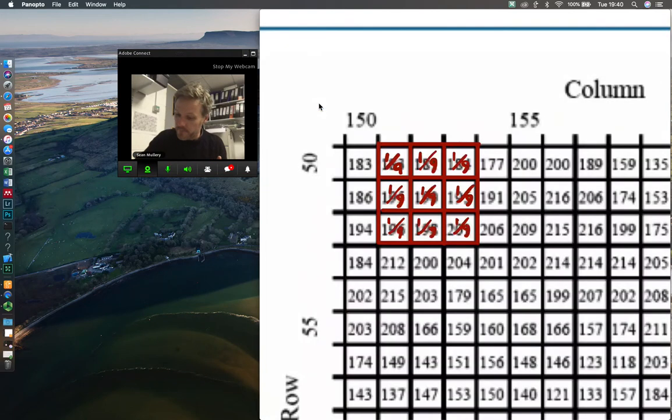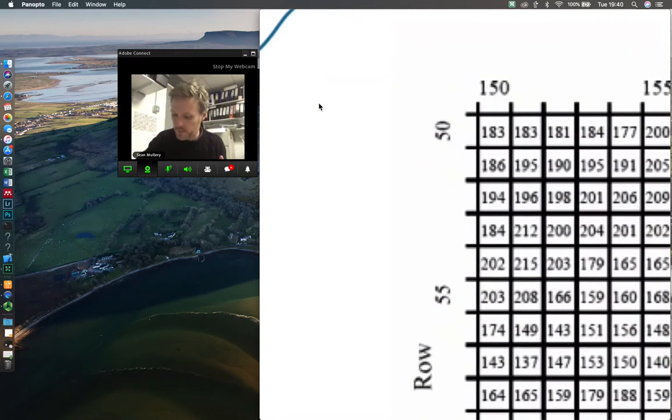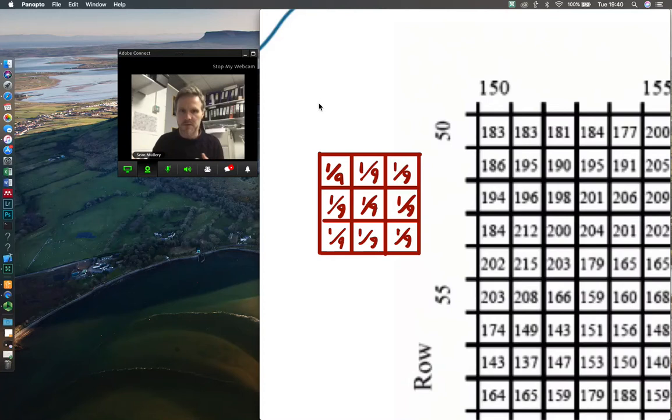Very quickly, I'll just show you here as an example. Okay, so we've got some sort of 9 by 9 here, and let's say I want to do an operation on this image over here, which is just a bunch of numbers.